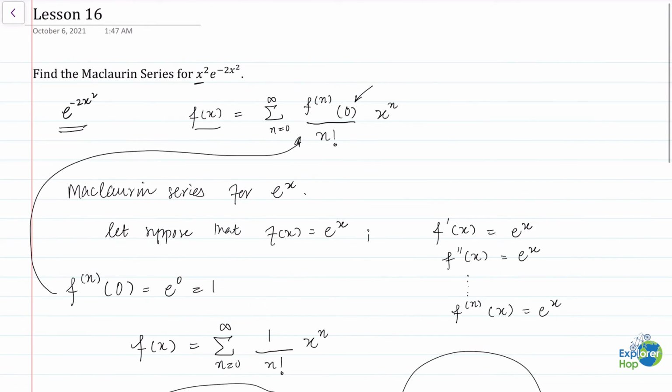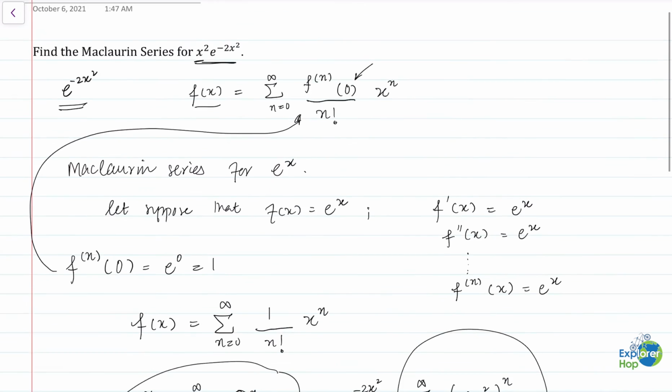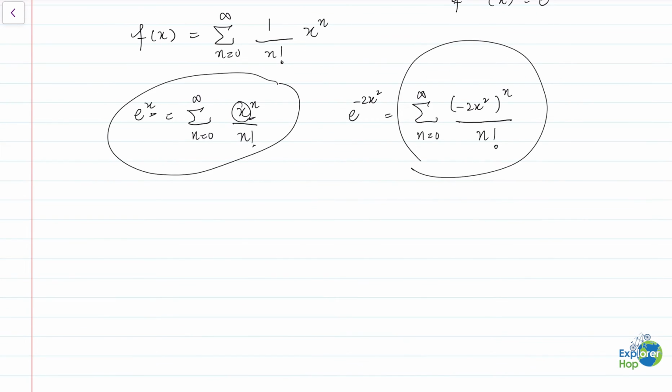But if you remember, we were supposed to find the Maclaurin series for x squared e to the power minus 2x squared. So we'll multiply both sides of this series with x squared, and then we would get x squared times the summation n equals 0 to infinity over n factorial. We can simplify this or make it a bit cleaner.